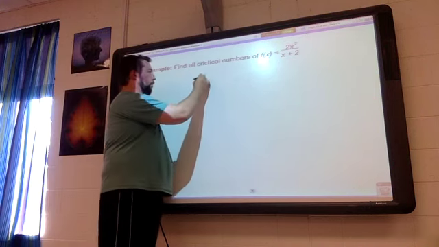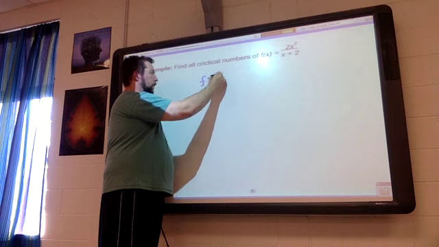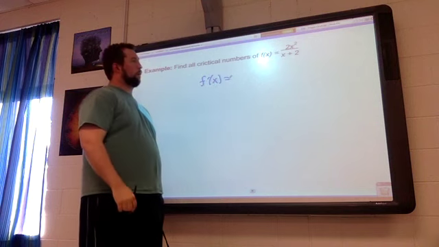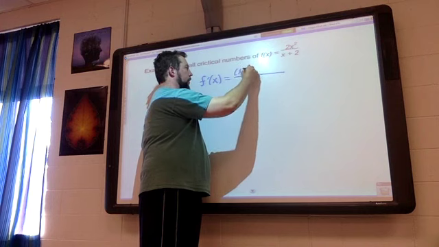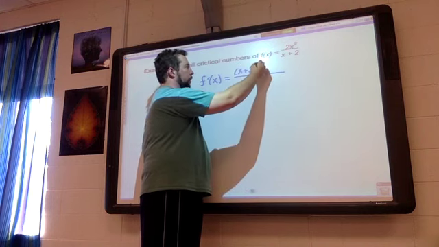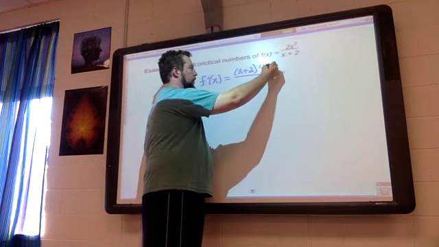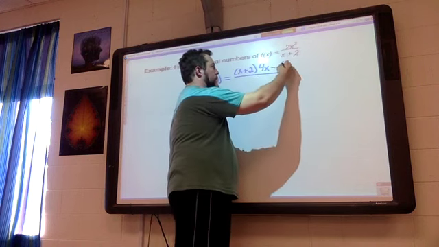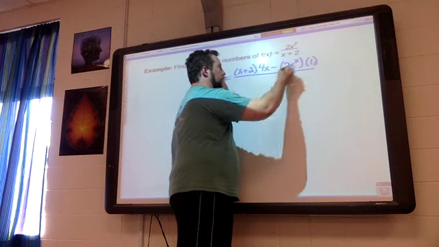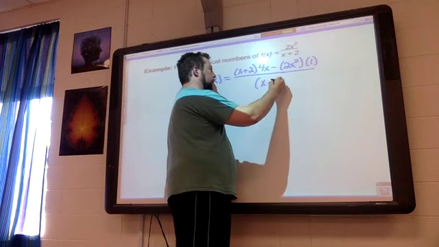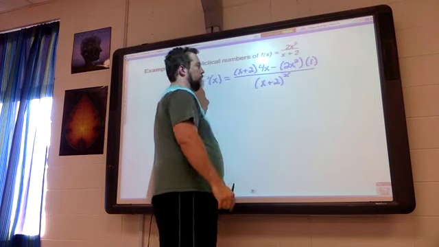So let's find the derivative. It looks like it's going to be a quotient rule. So we got low, which is x plus 2, d high, which would be 4x, minus high, which is 2x squared, times d low, which is a boring one, all over x plus 2 squared.